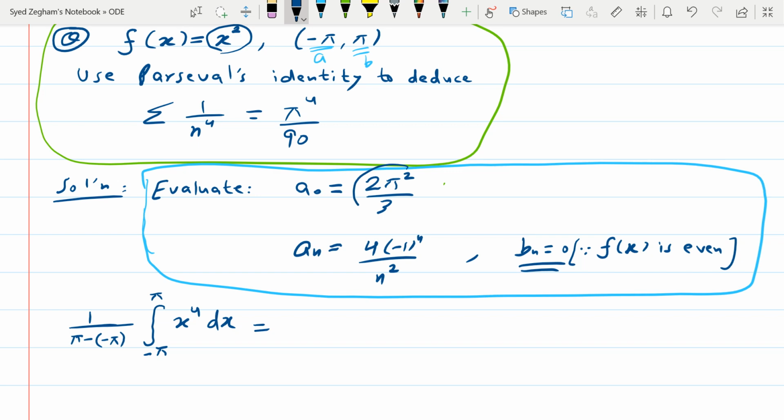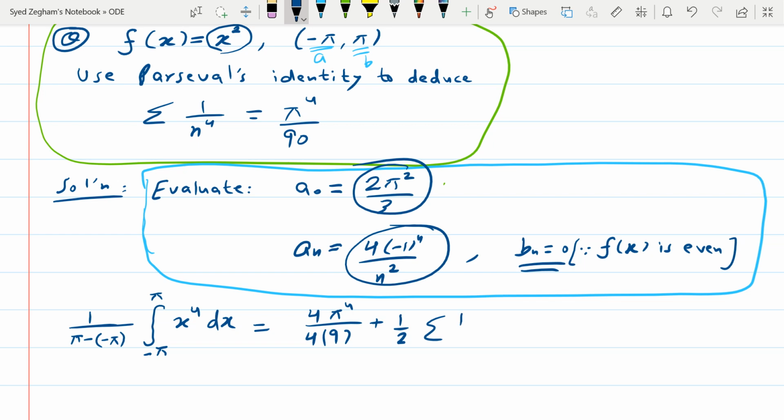This is my a naught, so a naught square will be 2 square is 4, pi square whole square will be pi power 4, and 3 square will be 9, divided by 4, right? Plus 1 by 2 summation a n square. This is my a n. So a n square, right?